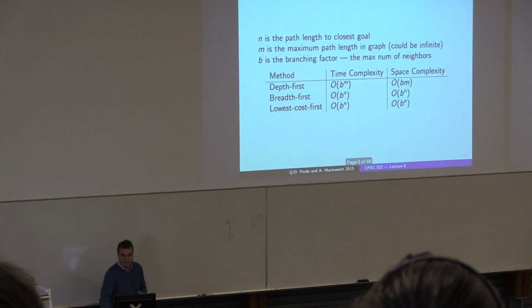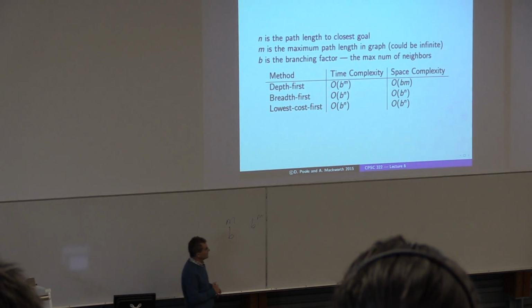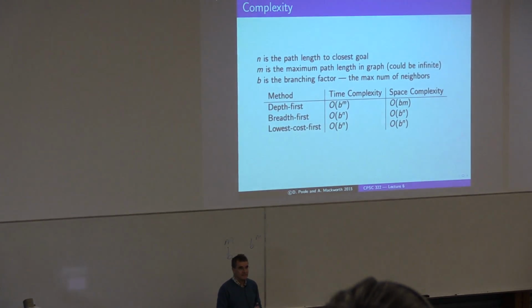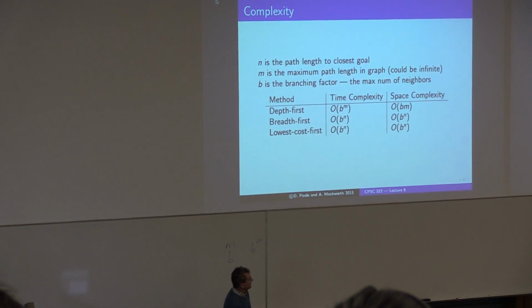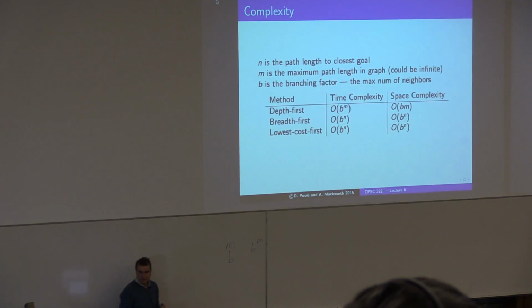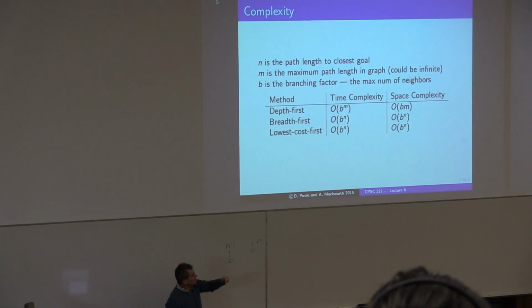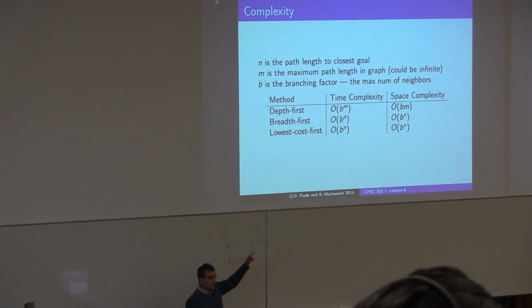And the complexity of all of these is exponential, b to the n. Okay, it's exponential. You essentially have to search this whole space up to the length of the shortest path. Lowest cost first depends on the cost, whereas breadth first search depends on the number of steps.